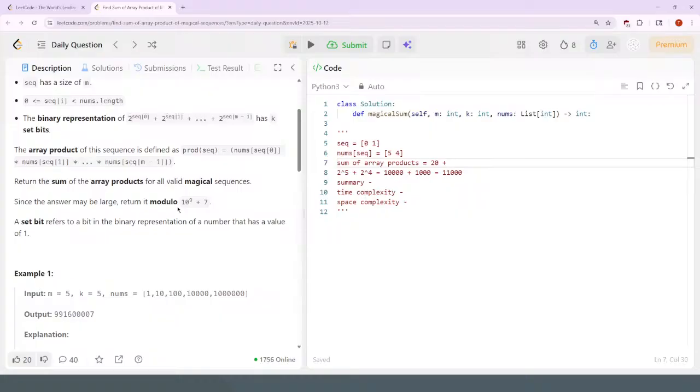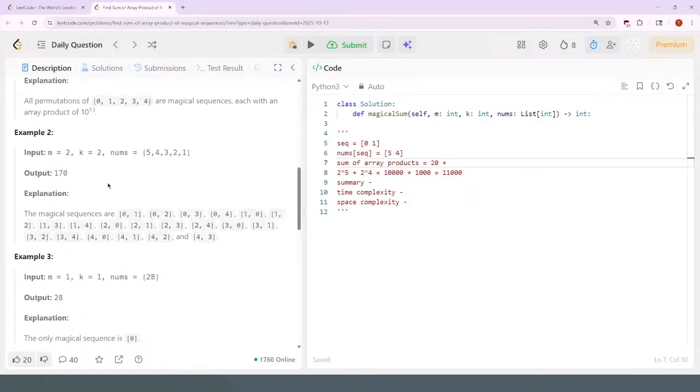And then if you have 0, 2, then you're dealing with 5 and 3. So 5 times 3 is 15. And then you do this for all the other pairs, and it adds up to 170.